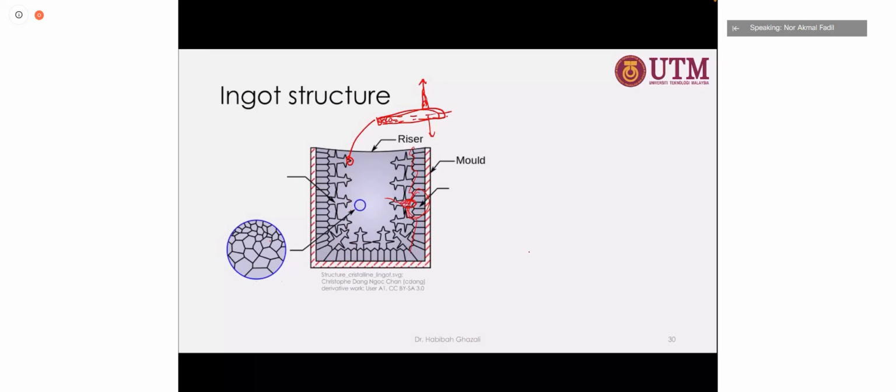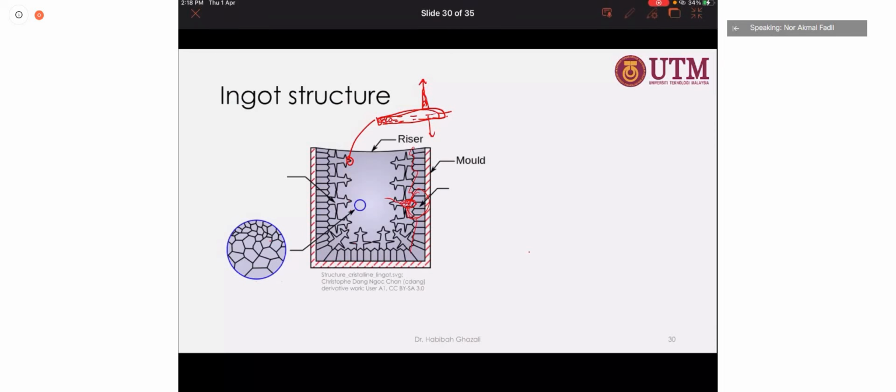So at this stable condition, dendritic will form, similar to how a tree grows, which is the branches of the tree itself.